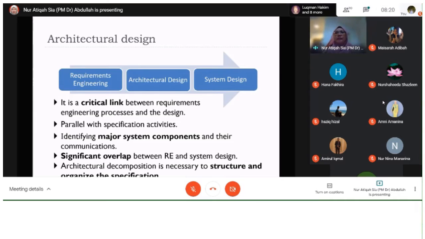After you have the requirements and validation, you use diagrams as a medium to validate that you are capturing the clients' requirements correctly before you go directly to the detailed design. That's why it is a very critical link, and you are going to identify the major components and the communications between the components.